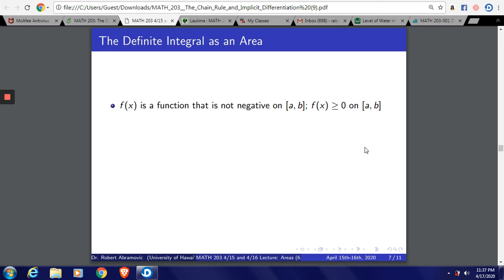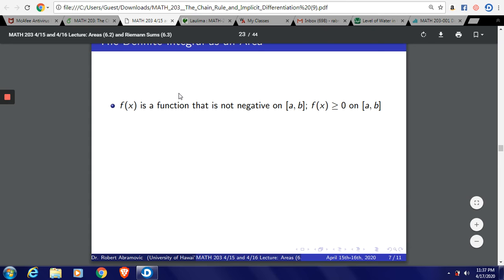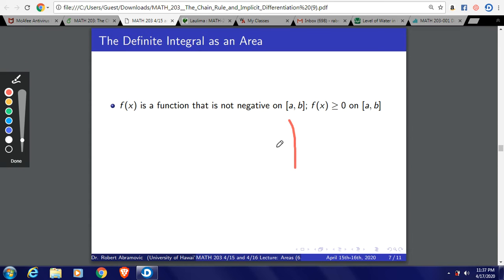The definite integral as an area. Function that is not negative on a to b. So this is the second interpretation of the definite integral as an area. We have some function that could be any function that is not negative on an interval.